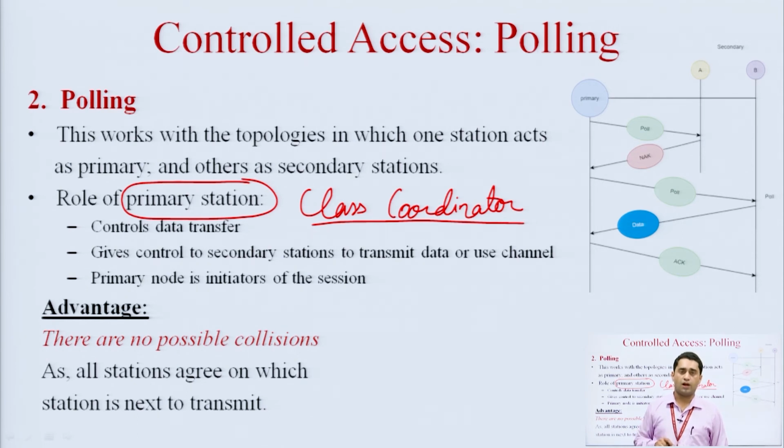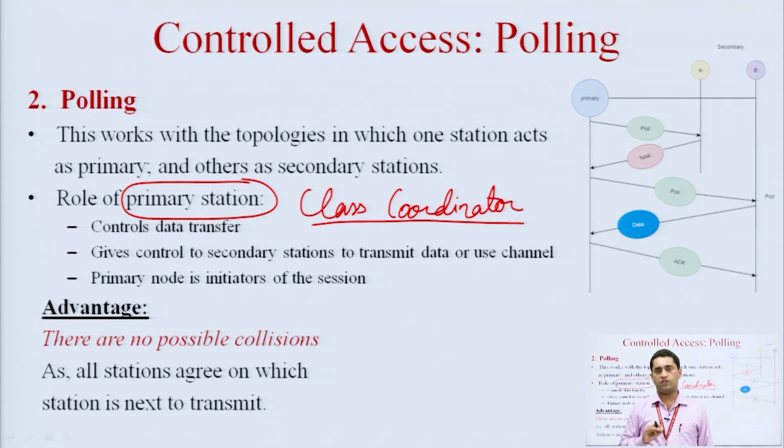In the previous one we had the mutual consent of all n faculty members or n systems present in the network. If in a network there are 100 stations, it is very tough to take the consent of all 100 stations. So, here we are creating one owner, you are known as the primary station, and the other 99 are the secondary stations. What the primary station decides will be followed by all the secondary stations.